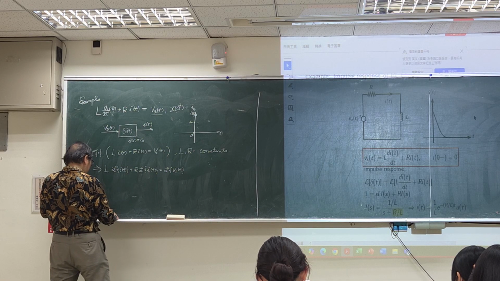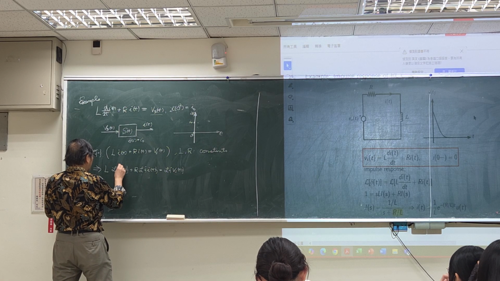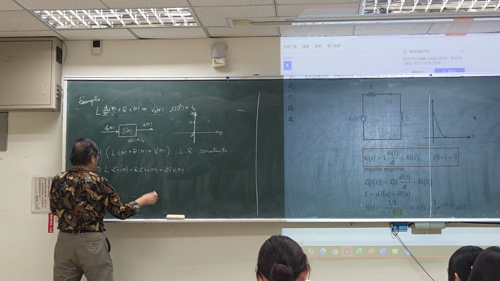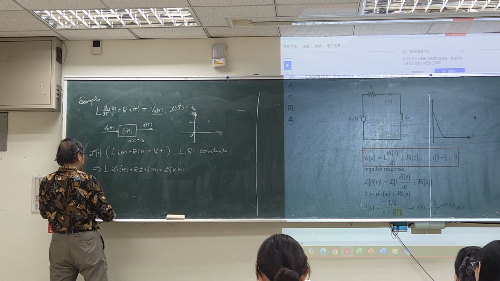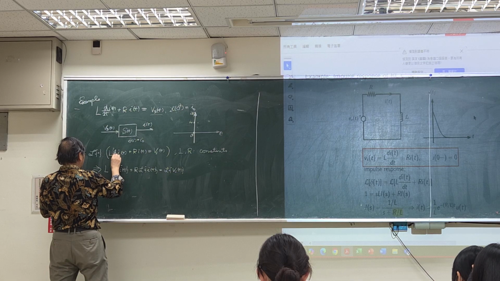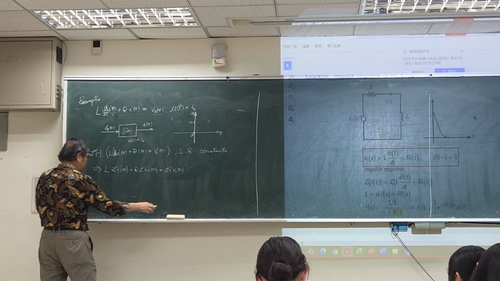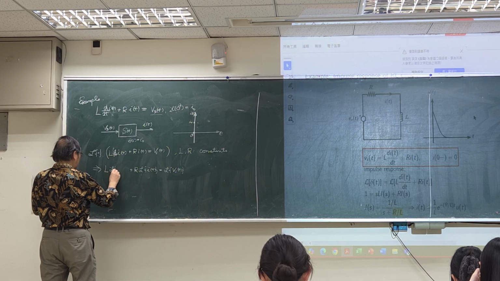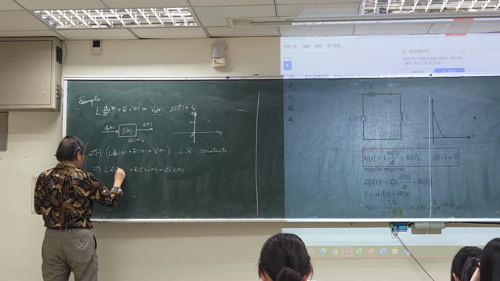And sorry, this should be I dot. Let me keep the differentiation here. Sorry about this, so that I will not confuse you. Laplace transform of the differentiation of the current.